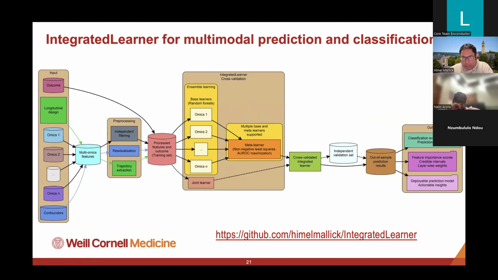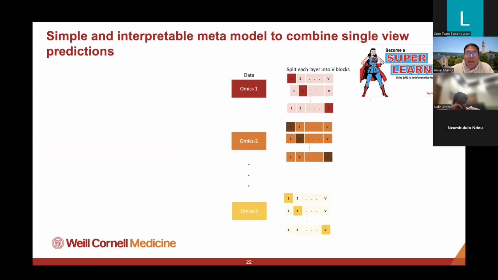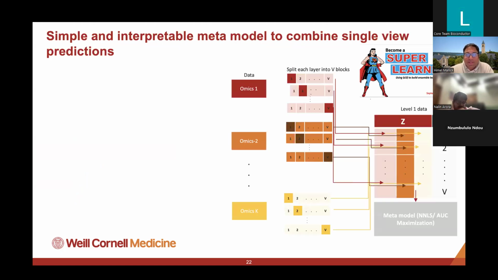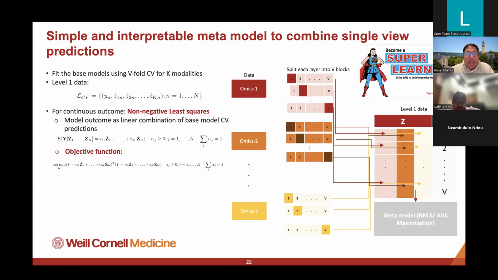That has been the case with some of the existing methods, that they tried to be fancy in the meta learning step, but integrated learner actually tells you to be not fancy, because at the meta learning step, the problem is very simple. You have only k number of features, so not too many.